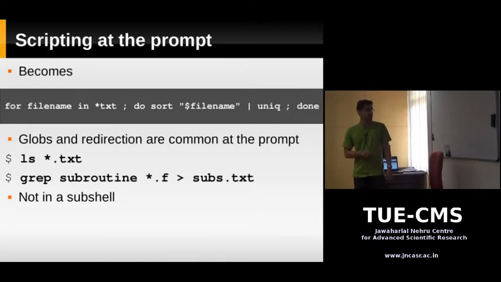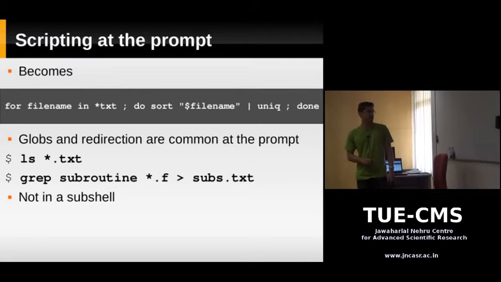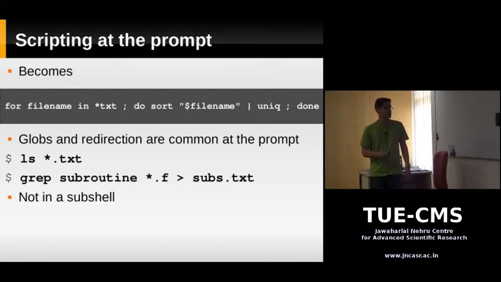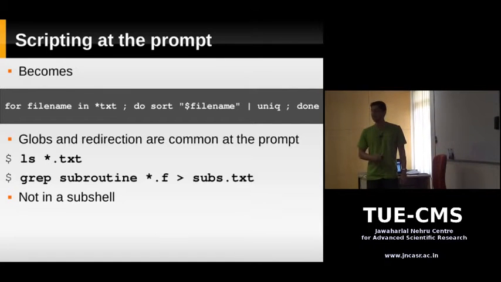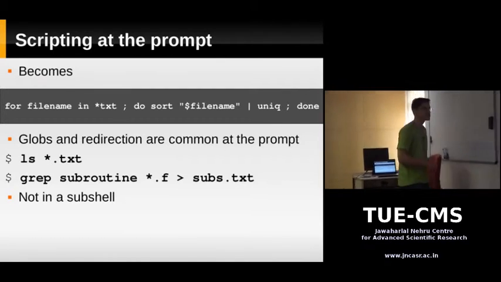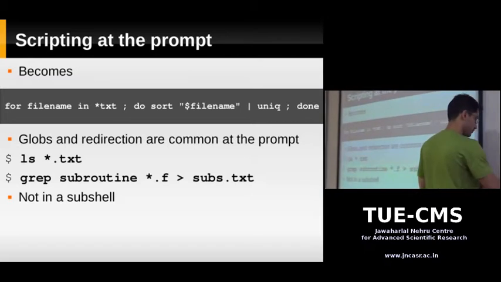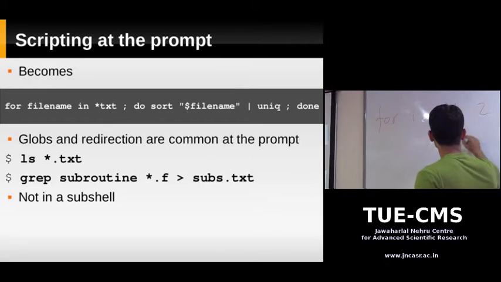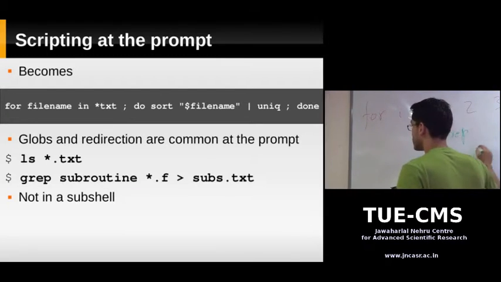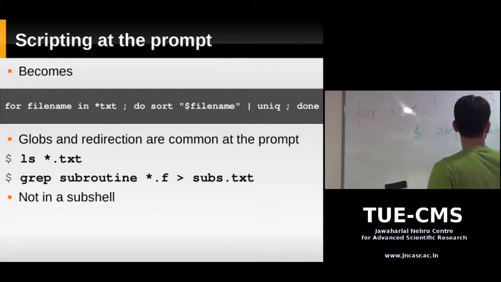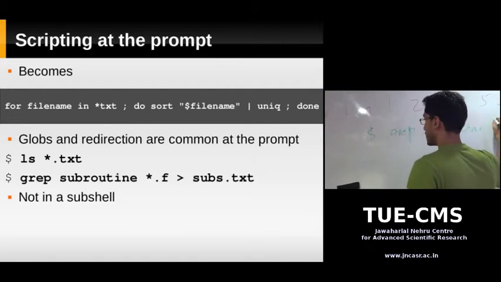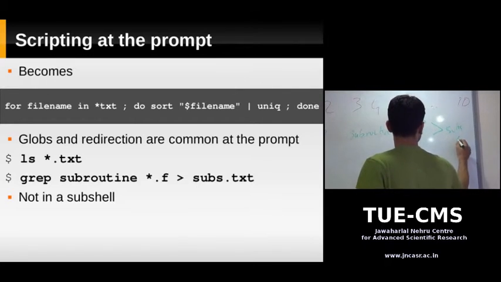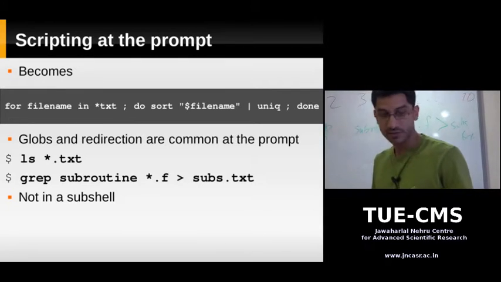Now look at this: grep subroutine star.f. You remember the grep command? The grep command searches for this string within your file. So at the command line, this is our command prompt, you're going to write grep subroutine star.f and you're going to output it to a file.